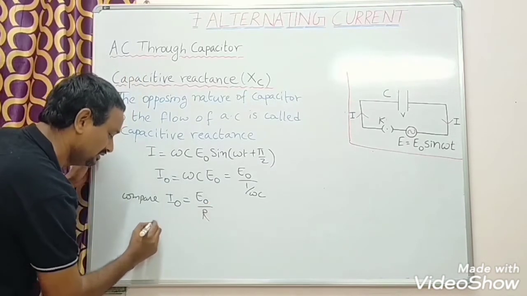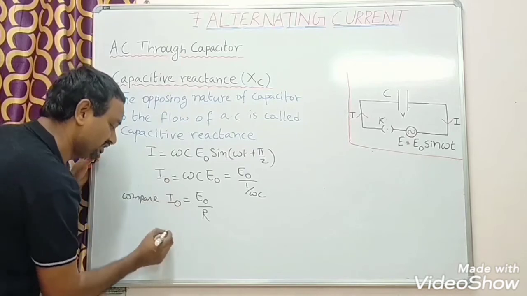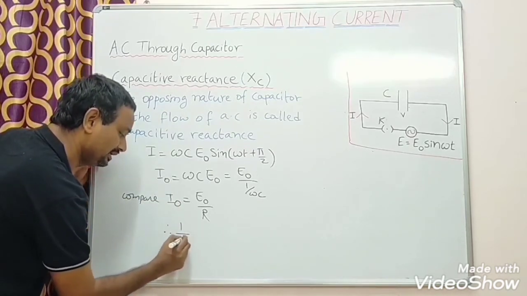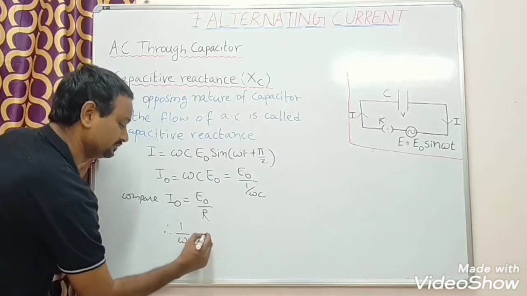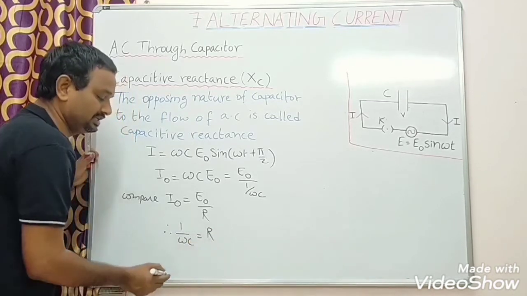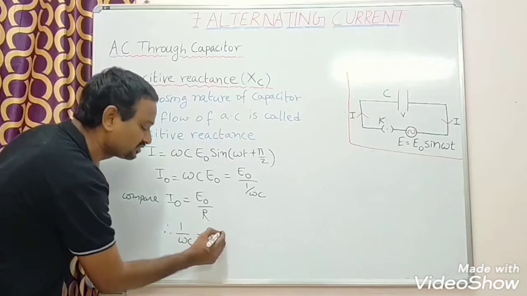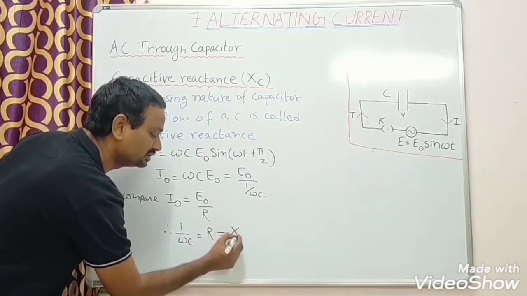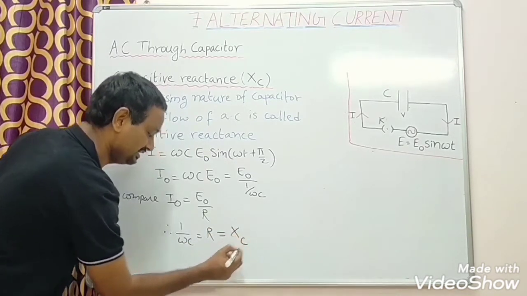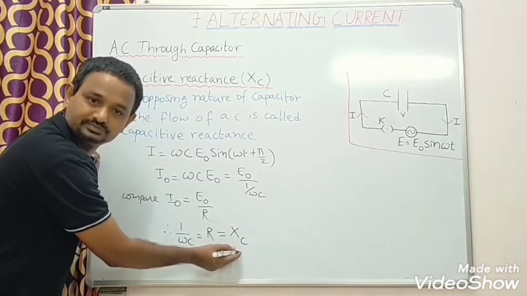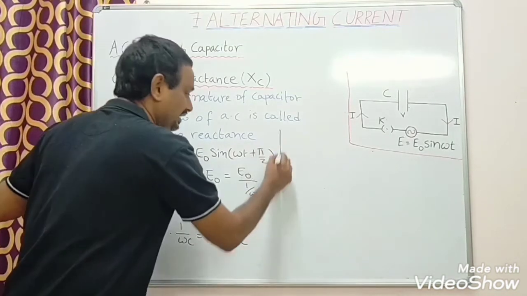So, if you compare these two equations, we can write therefore 1 by omega C equal to R. That means 1 by omega C means resistance. That is called capacitive reactance, that is XC. X suffix C. Okay, so here what did I get?